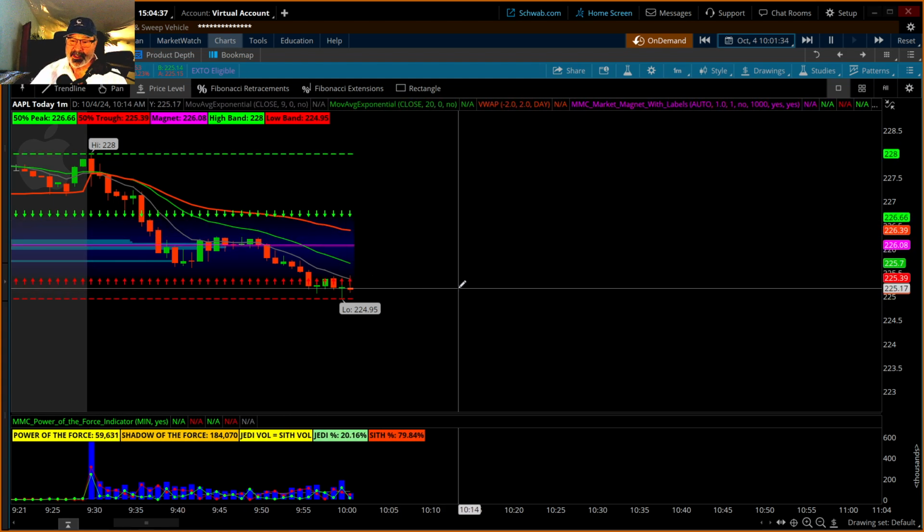So I use this instead of the standard volume profile that I used to tweak the heck out of. Now it's all tweaked for me. Similar mechanics, a little bit more dynamic, and it's made for large cap. So if you're a large cap trader and you want to scalp large cap, this is like a no-brainer to get the market magnet. I will have a link to that. This is one of the ones that isn't for free, unfortunately.